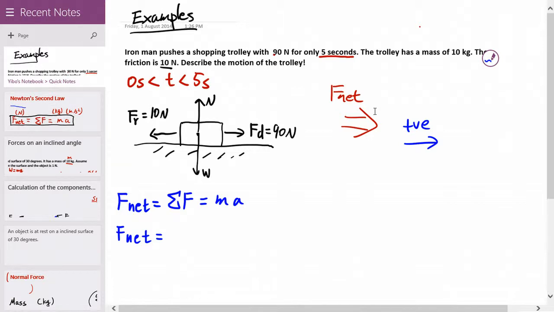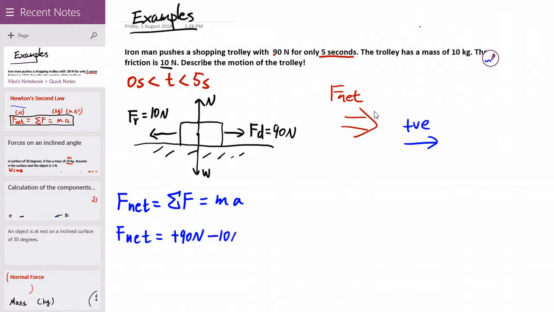So I have positive 90 newtons, take away 10 newtons, and that's basically all the horizontal force I have, equals ma. The mass is 10 kilograms, times acceleration. If I do the calculation, the net force will be 80 newtons.